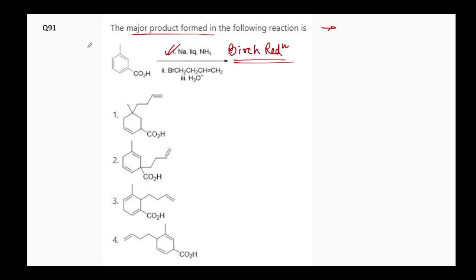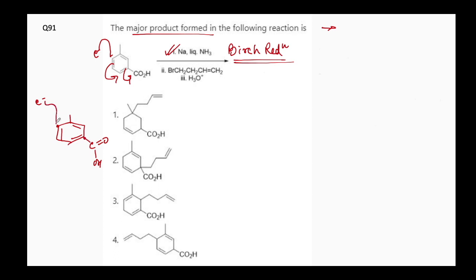That is when you are transferring the electrons. In the Birch reduction, let's say we transfer the electrons over here, and since there is a carboxylic acid group, which is an electron withdrawing group, it is happy to take the electrons.